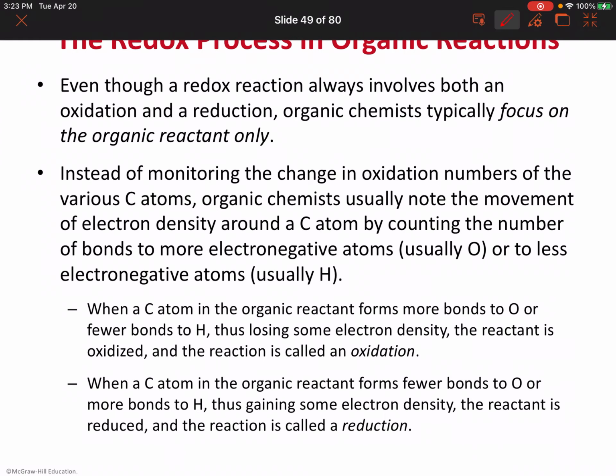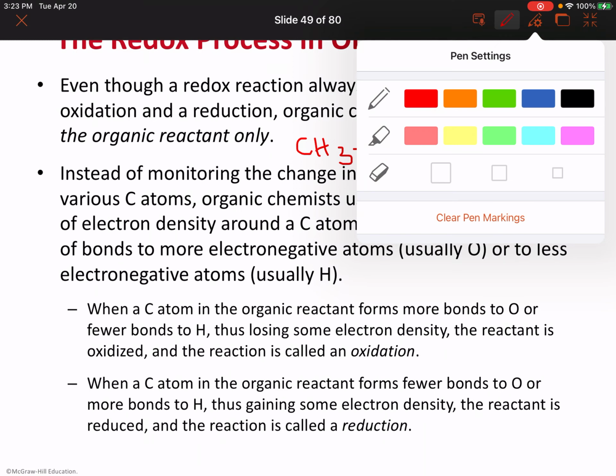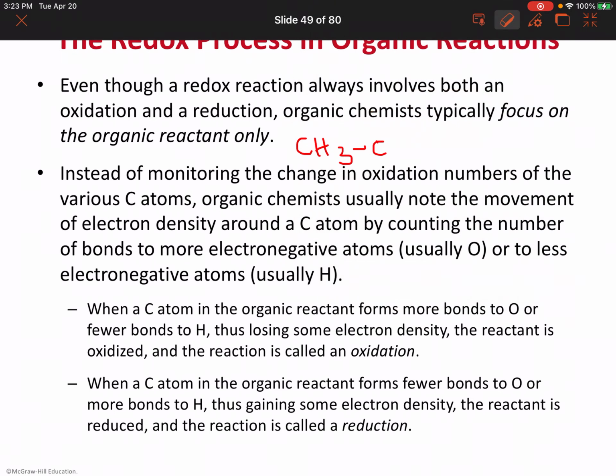So let me show you a reaction. Let me show you oxidation: CH3CH2OH becoming CH3COOH.